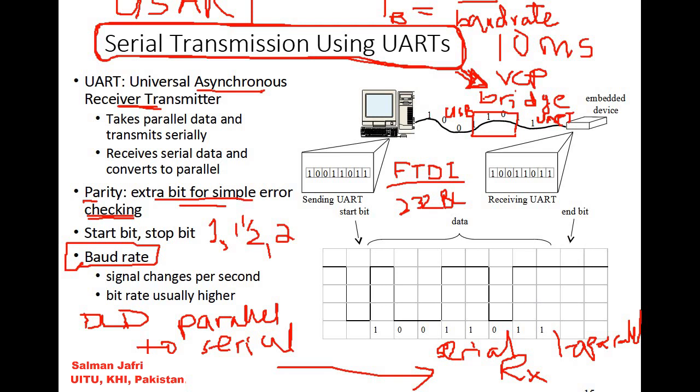So that's a very important point. You can't have the transmitter running at 9600 baud and the receiver running at 4800 baud. It won't work. You will get garbled data. Or you can't have the transmitter having one stop bit and the receiver set for 2 stop bits. Again, you will have garbled data or confusing data, right? Incorrect data.